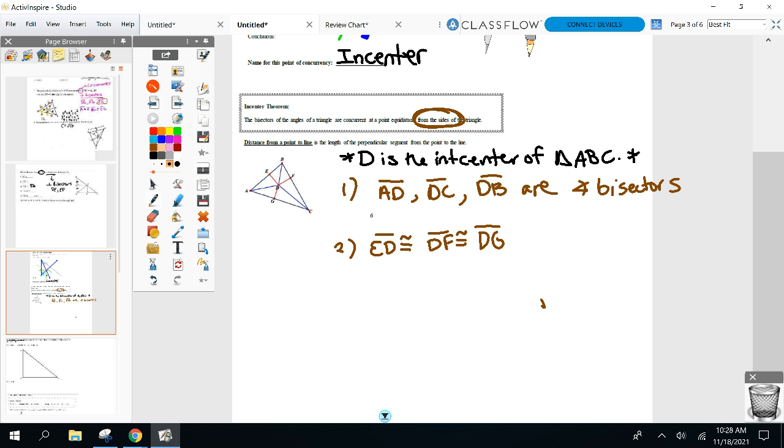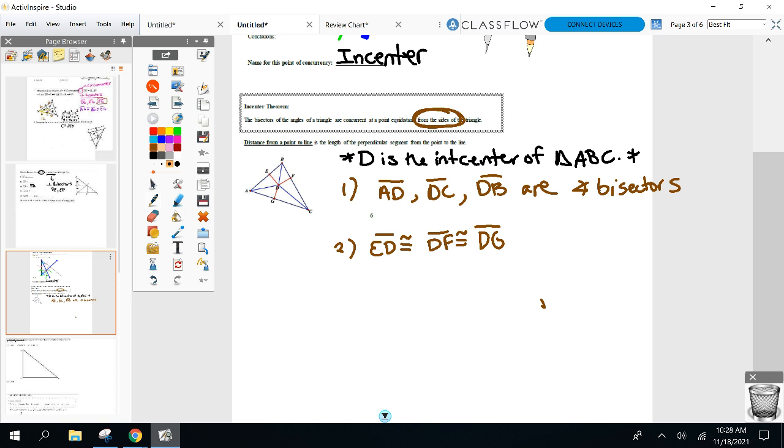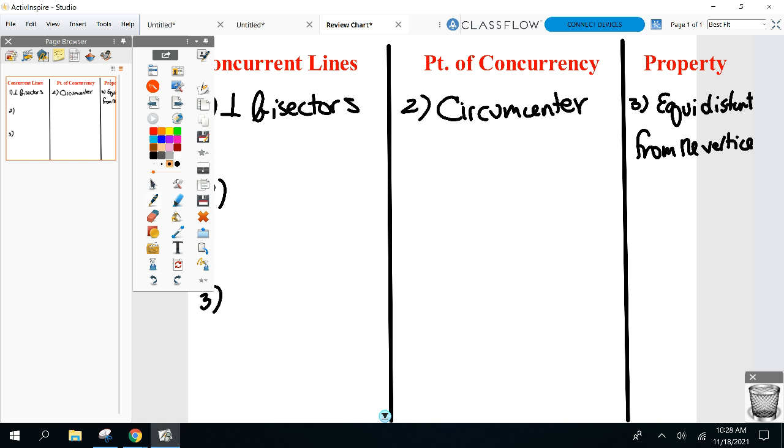Let me just review everything right now. First, yesterday we had the circumcenter, which was the intersection of the perpendicular bisectors.